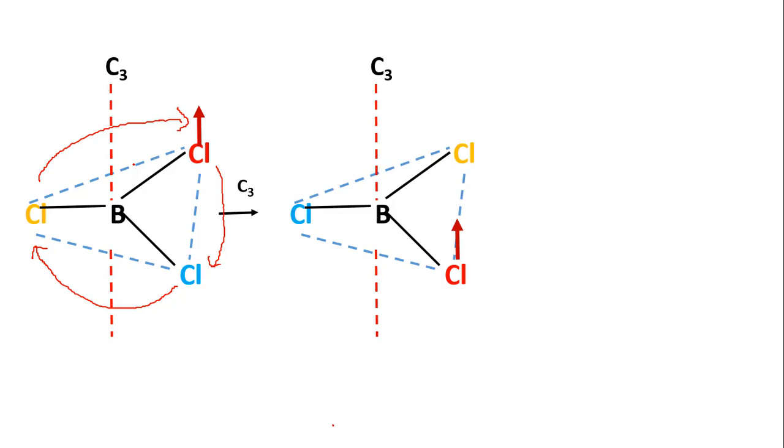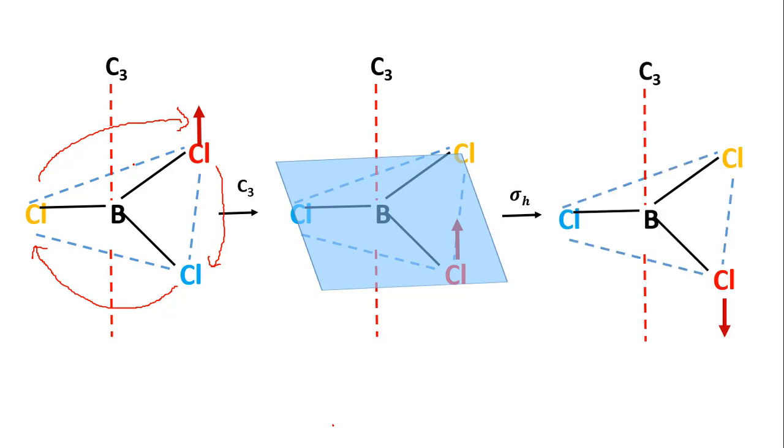Now if you look at the arrow, still shifted upwards. If you reflect the molecule in the plane sigma h perpendicular to C3, all the atoms will remain in the same position because all the atoms are in the same plane. They are contained in the plane. They will not change positions, and the upward arrow will become downward arrow.